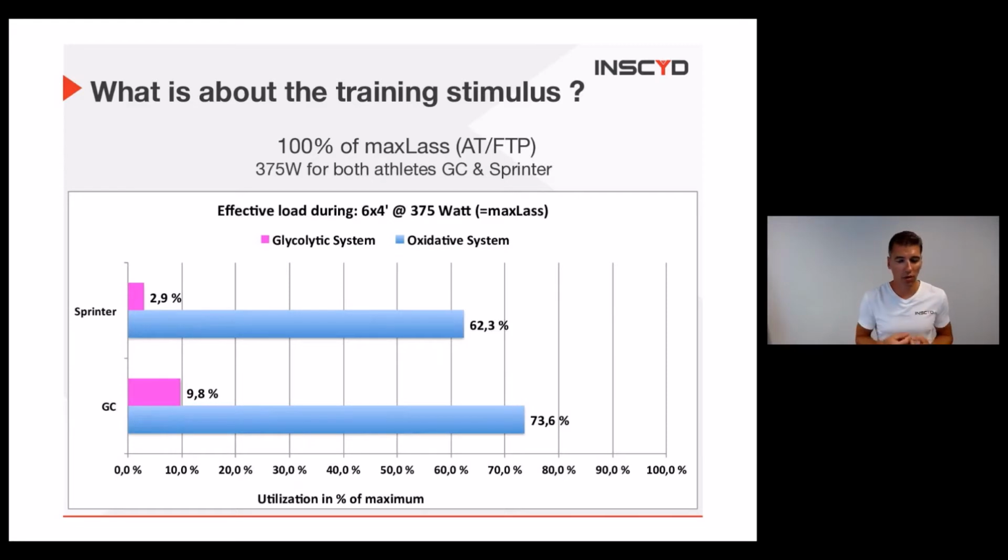And why is it important to look at that? Well, think about it. How in all sports and in all scientific literature is the training intensity described as a percentage of maximum, right? You go to the gym, you want to do squatting, you want to define how many weights you put on the bar, and what you're going to do, you're looking at the one repetition maximum, right?